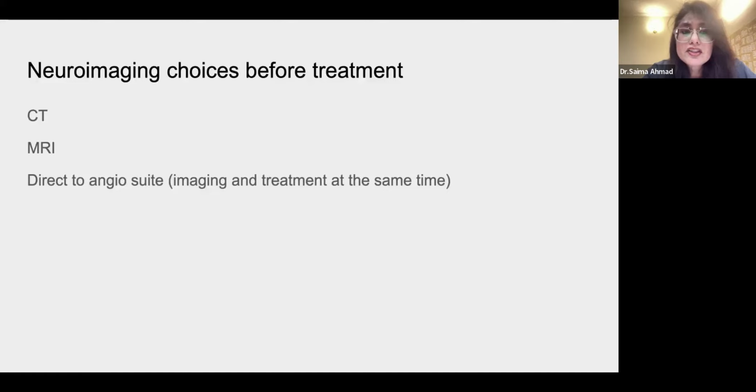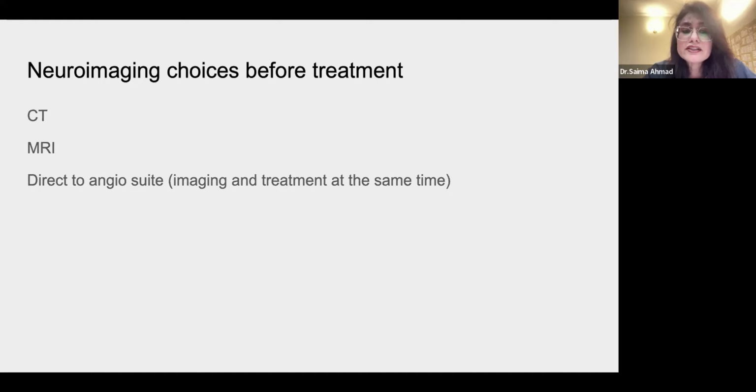When the patient comes to the emergency room with a suspected stroke, what imaging modalities can we have? Obviously the first imaging we can do is CT, because it is widely available, easily accessible, and everybody has CT. We can also do MRI, provided our institution has an MRI facility available 24/7, and also has a protocol in which you can do it very easily in a shorter time.